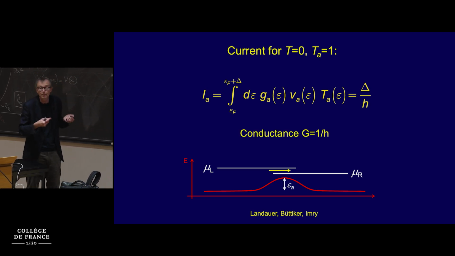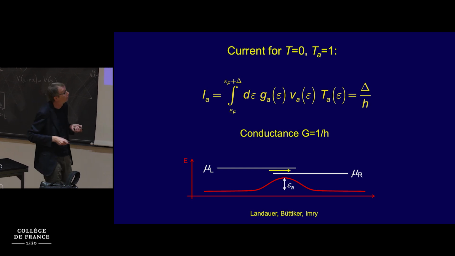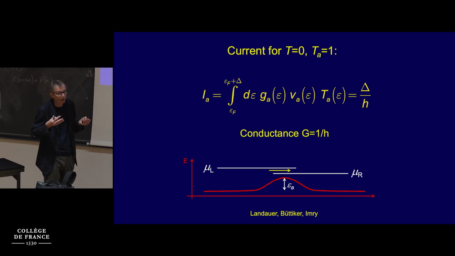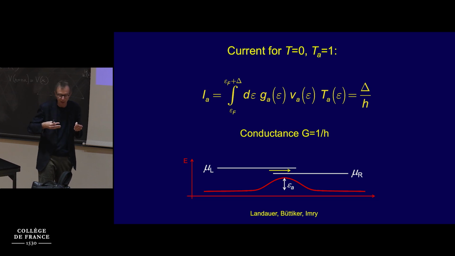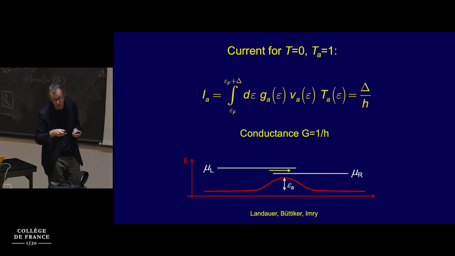And your conductance correspondingly is 1 over h. Each channel gives you a conductance of 1 over h, and that's given by the Pauli principle. You cannot fit more particles in, and Heisenberg, it's the wave nature, you have this mode structure.